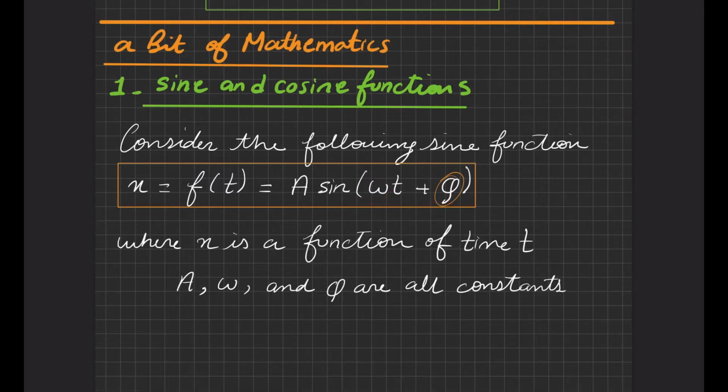Okay, so first consider the following sine function. x, which is a function of time f of t, equals A sine of omega t plus phi. Okay, x is a function of time, and A, omega and phi are all constants.